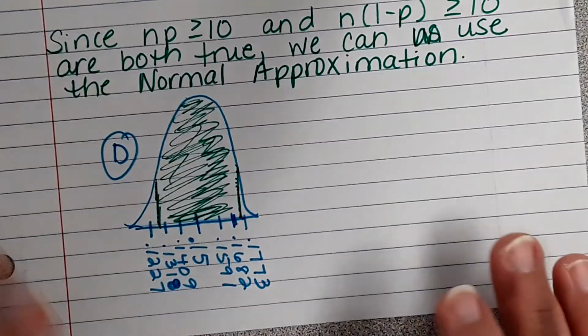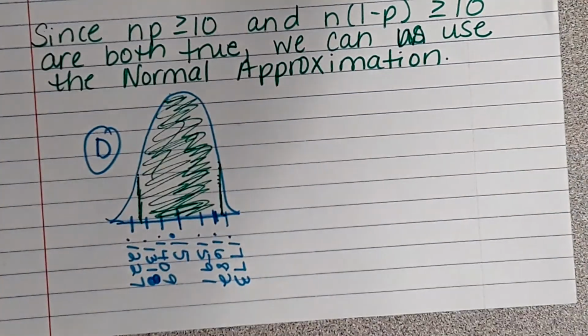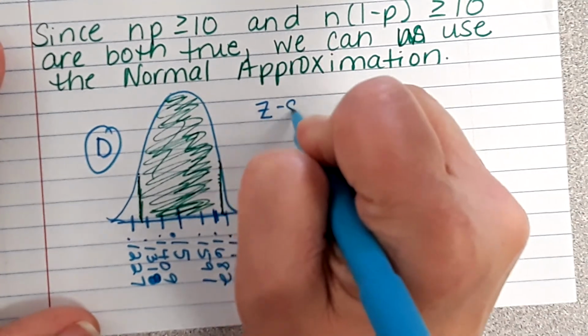We want it shaded. You guys, it's really close to being almost out 3 standard deviations, so it's going to take up a chunk of area. So how do you find the z-score? Let's talk about that.